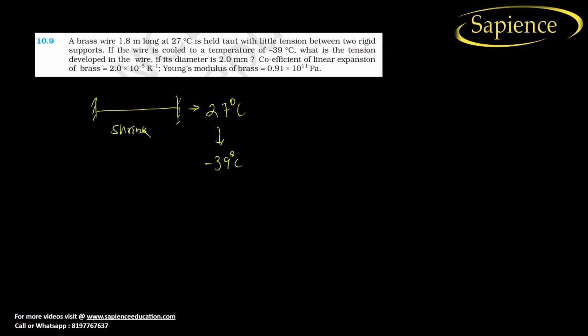If there were no rigid supports, its length would reduce somehow. So earlier this was the situation, so there would be a gap, but here it has been held taut. It means that there will be a creation of a tension.